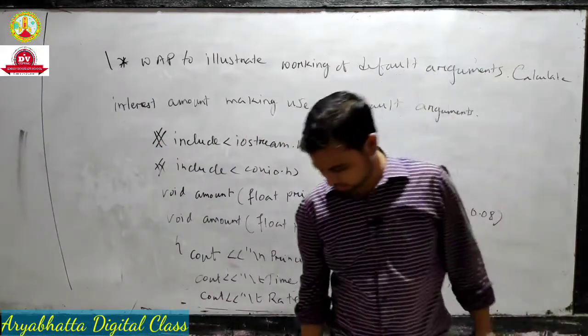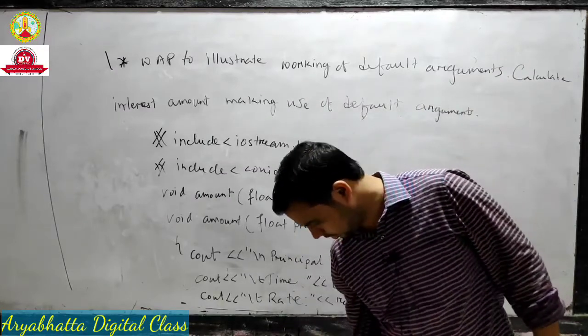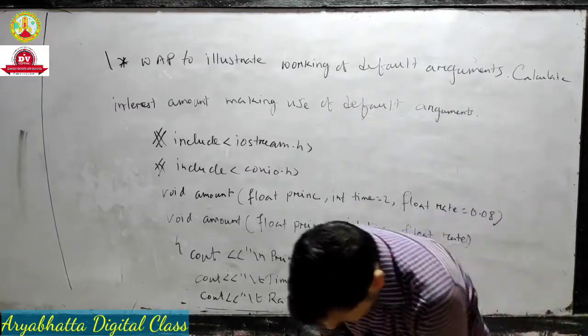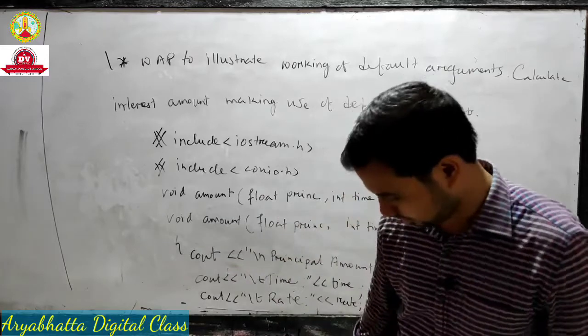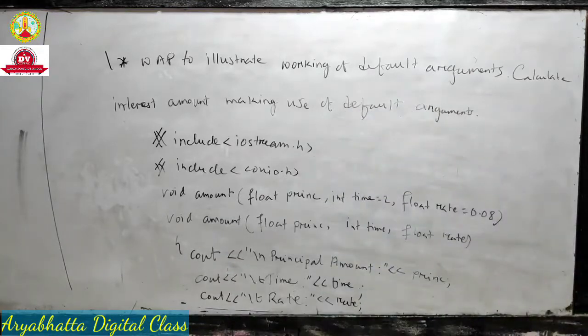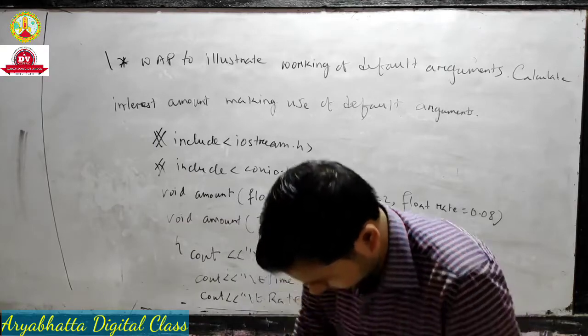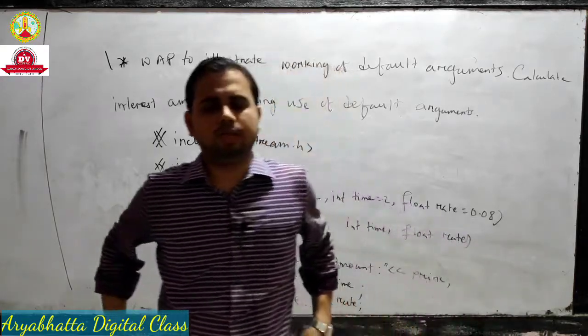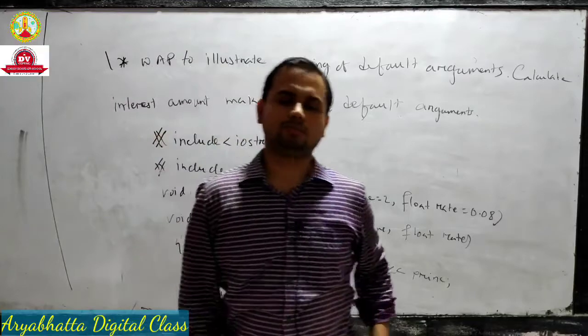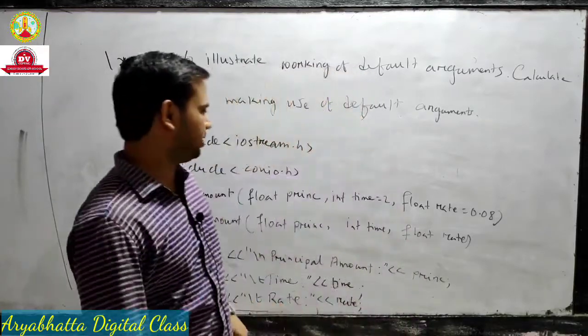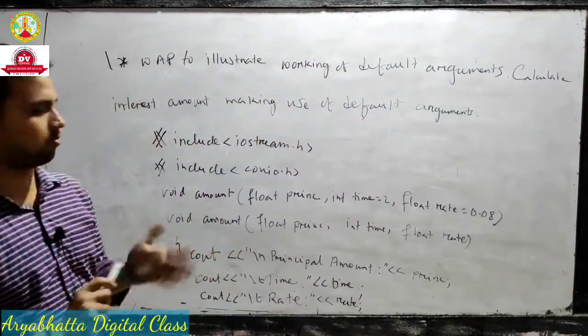Principal into rate into time divided by 100. PRT divided by 100. This is the simple interest formula. PRT means principal, rate, time.